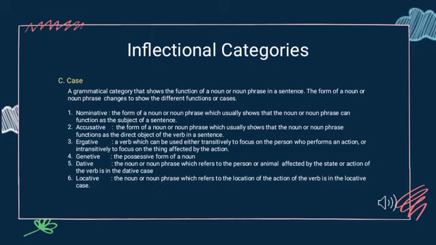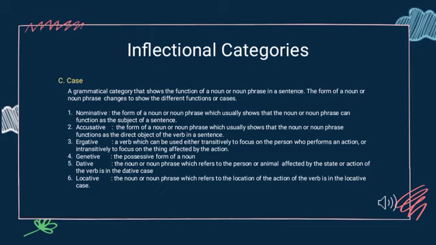The third, ergative: a verb which can be used either transitively to focus on the person who performed an action, or intransitively to focus on the things affected by the action. The fourth, genitive, the possessive form of a noun.